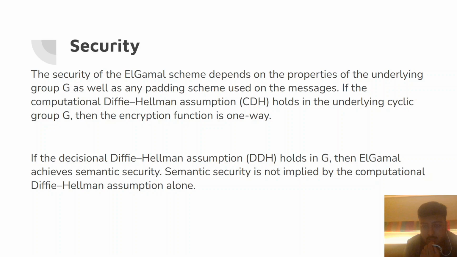If the decisional Diffie-Hellman assumption, DDH, holds in G, then ElGamal achieves semantic security. Semantic security is not implied by the computational Diffie-Hellman assumption alone.